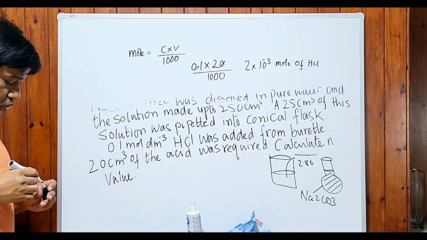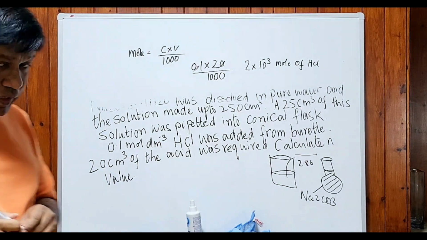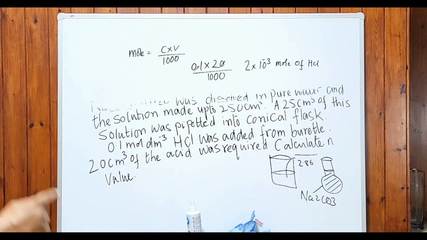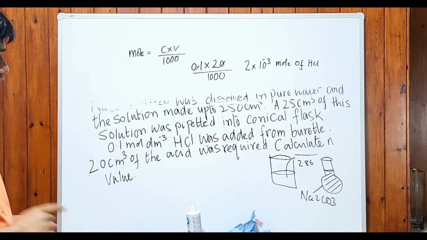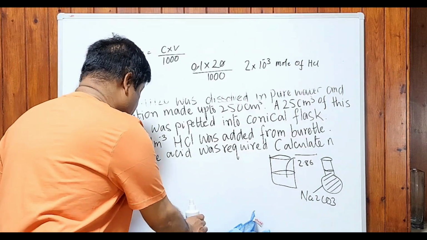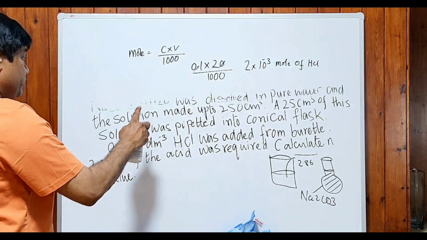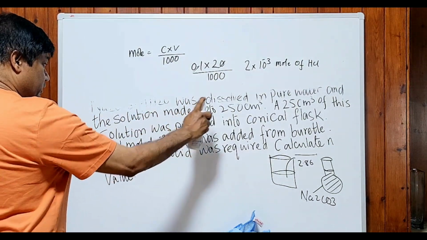To work out the mole of only sodium carbonate, we have to write the balanced chemical equation between the sodium carbonate and HCl.